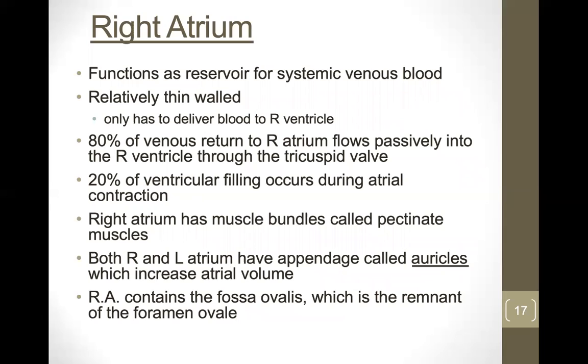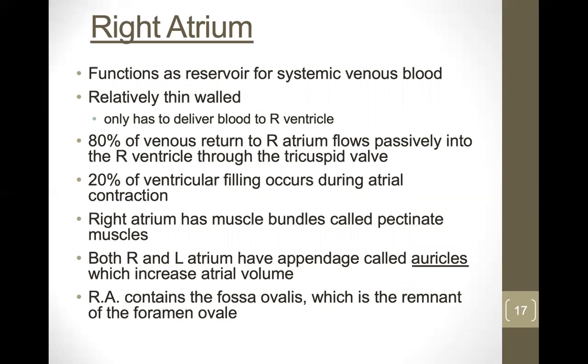About 80% of it is just passively flowing from the atrium into the ventricle, traveling through what we call our tricuspid valve. When the tricuspid valve is open, it allows blood to drop from the atrium into the ventricle.